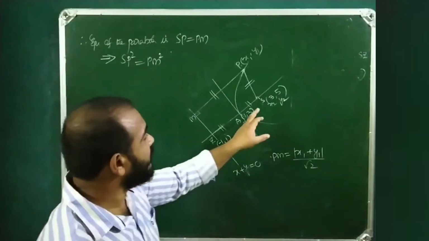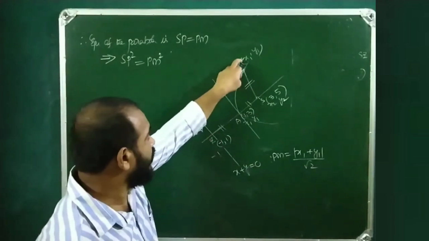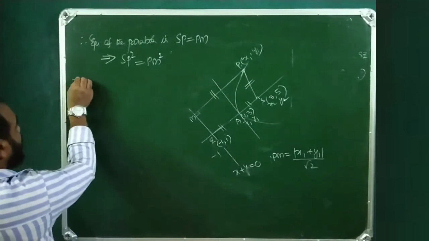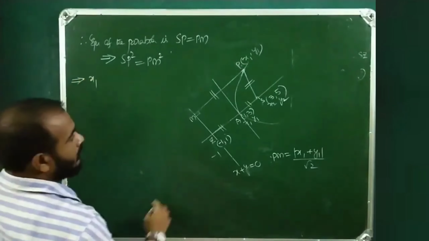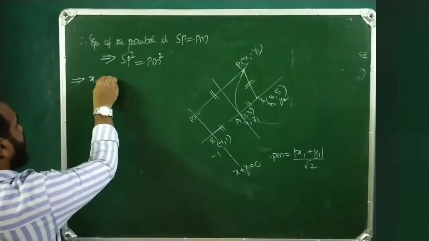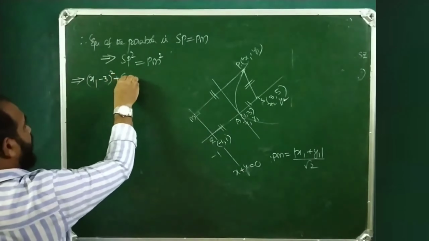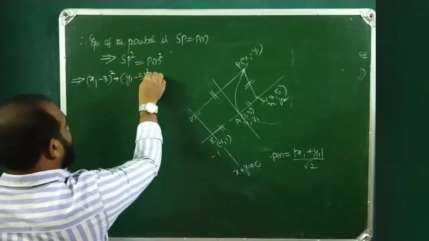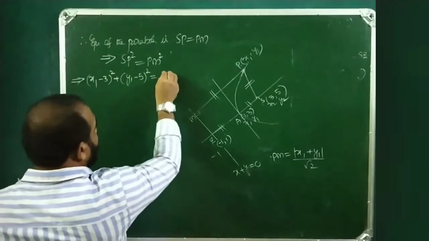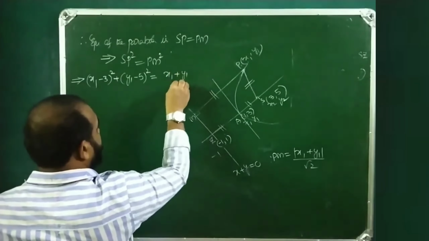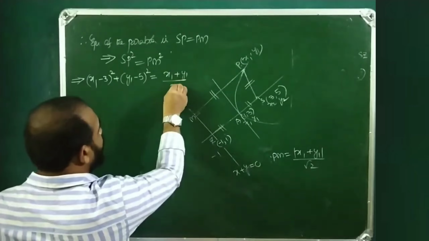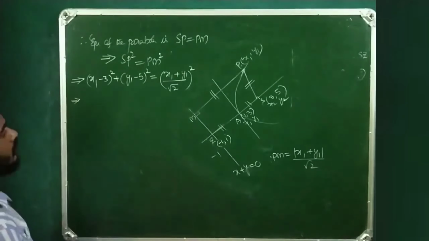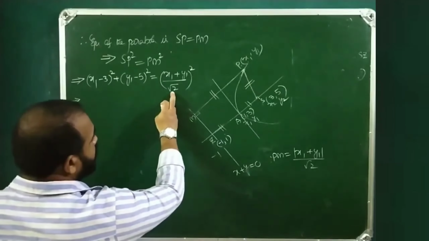SP square is the distance formula under a square root, but if I square it, the root will be eliminated. So this is x1 minus 3 whole square plus y1 minus 5 whole square equals PM square, x1 plus y1 by root 2 whole square. Root 2 whole square is 2.